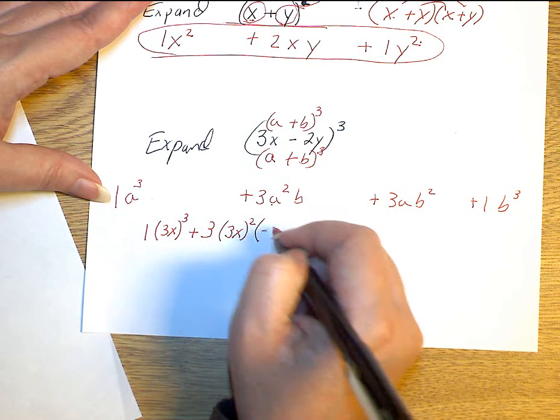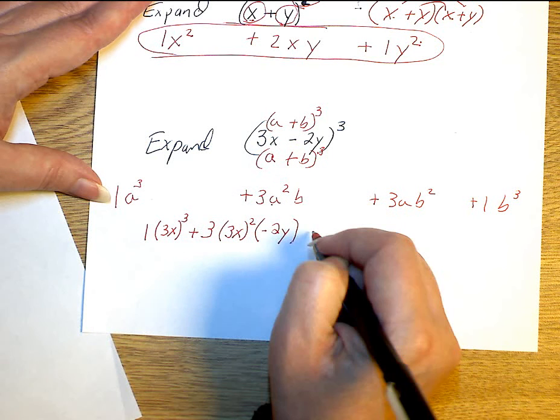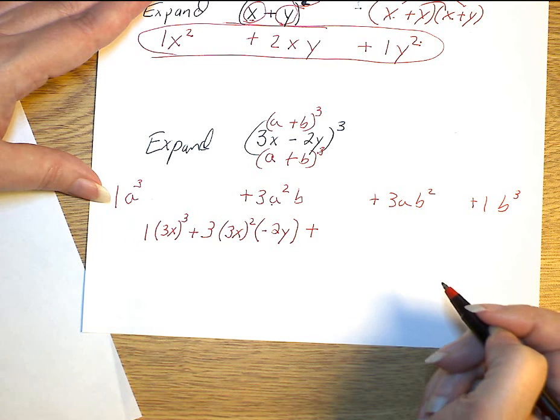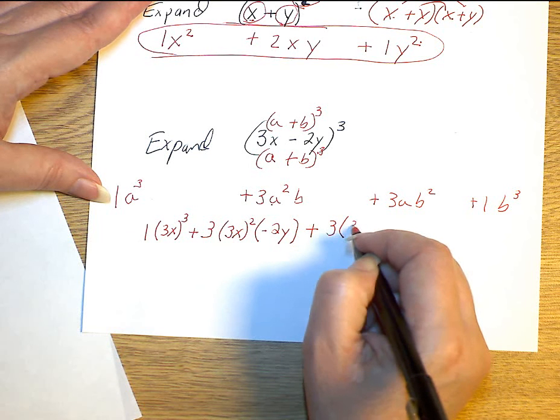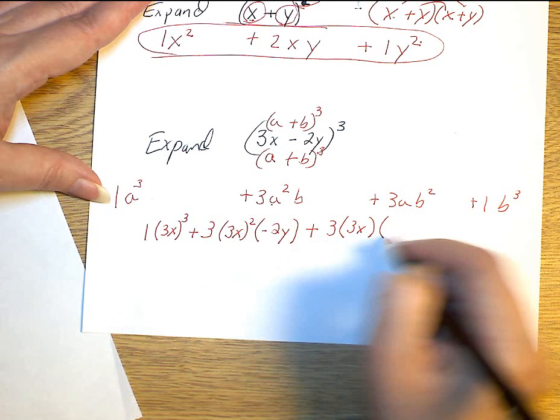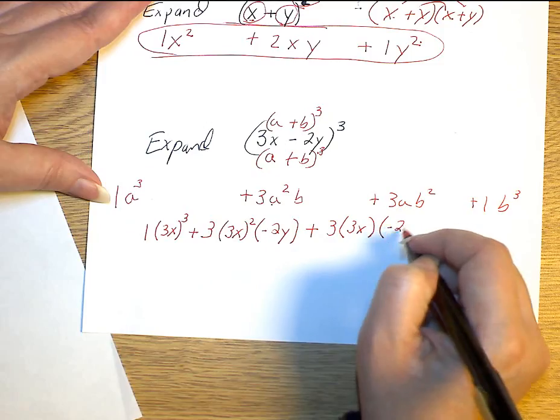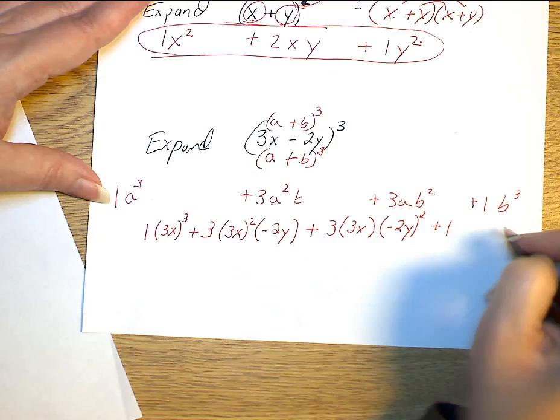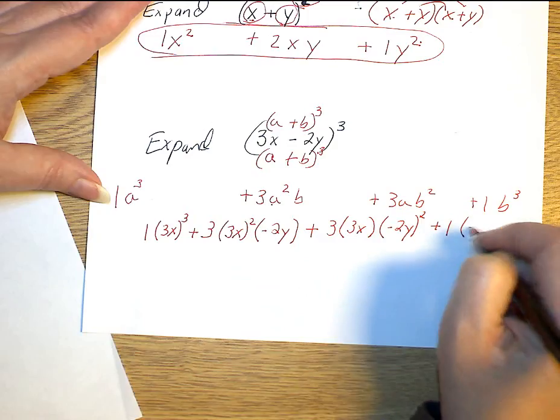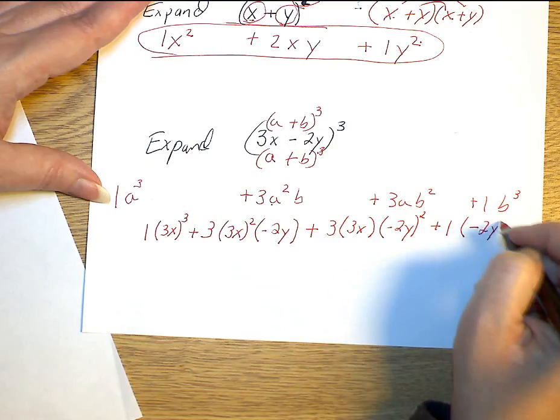Negative 2y. Plus, what do I do now? 3 times 3x times negative 2y squared plus 1 and then negative 2y cubed.